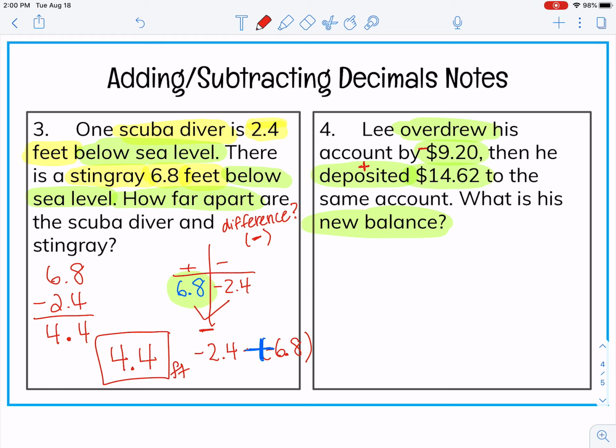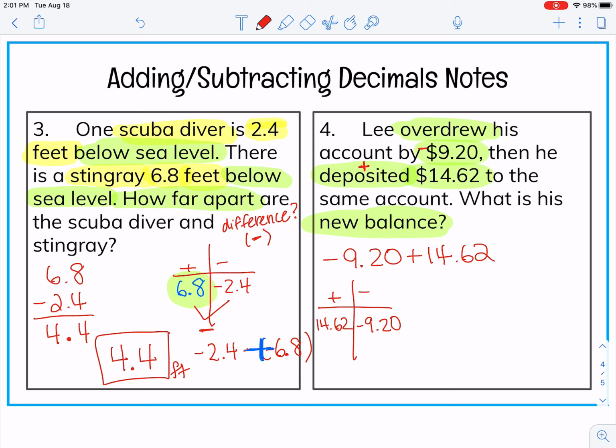If we already know that he started off with negative $9.20 and then he added the $14.62, our expression should look like this: negative $9.20 plus $14.62. Then we can start by setting up our t-chart. Negative 9.20 would be on the right side. 14.62 would be on the left side.